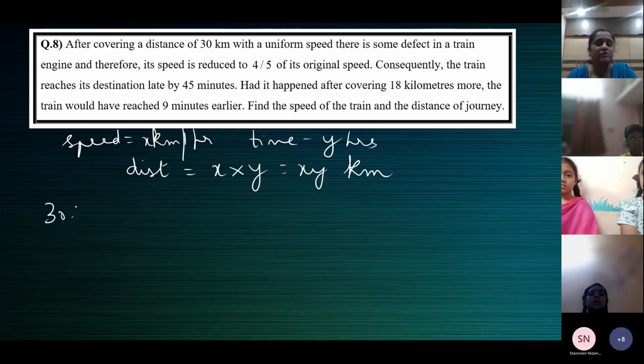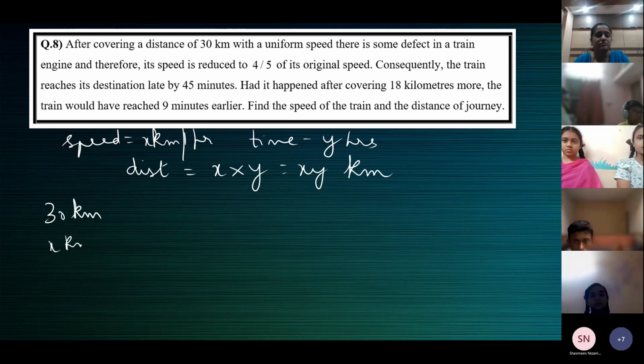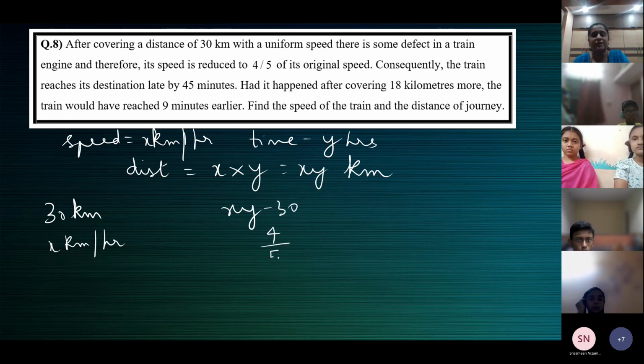So 30 kilometers is covered with what speed? x kilometers per hour. And the remaining xy minus 30 kilometers is covered at a speed of 4 by 5x kilometers per hour, correct?